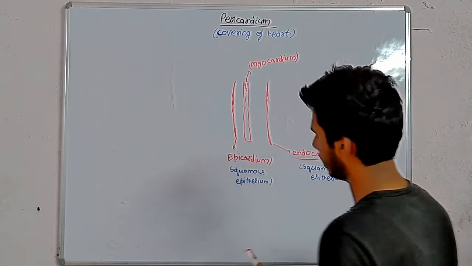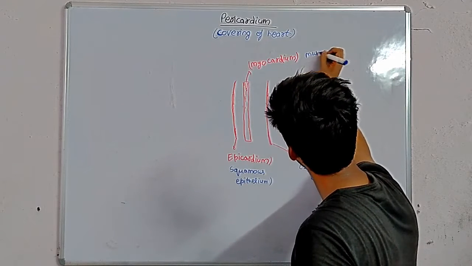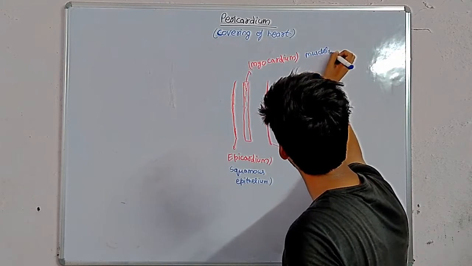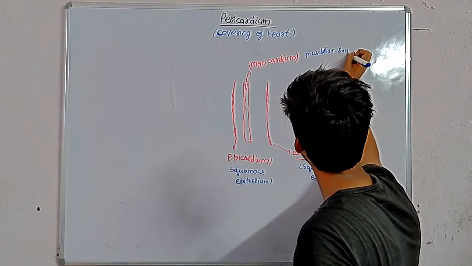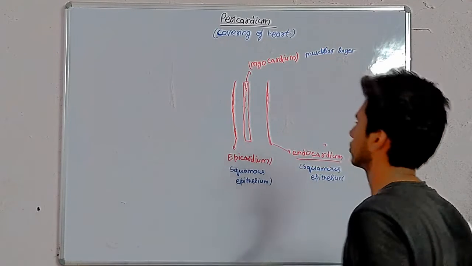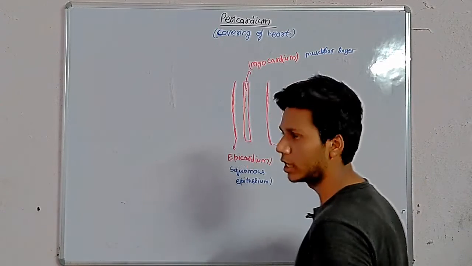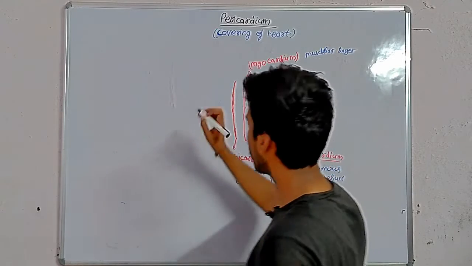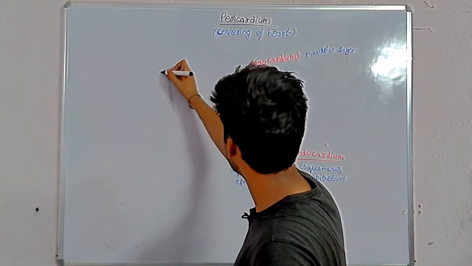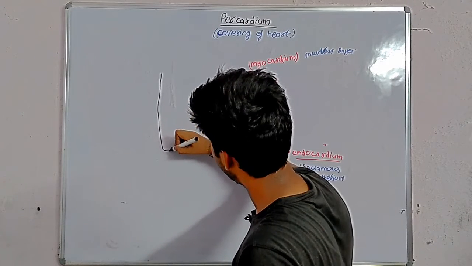This is the muscular layer. Then we come to the pericardium. The pericardium contains some thick walls and some thin walls. The outermost thick layer is called the fibrous pericardium.